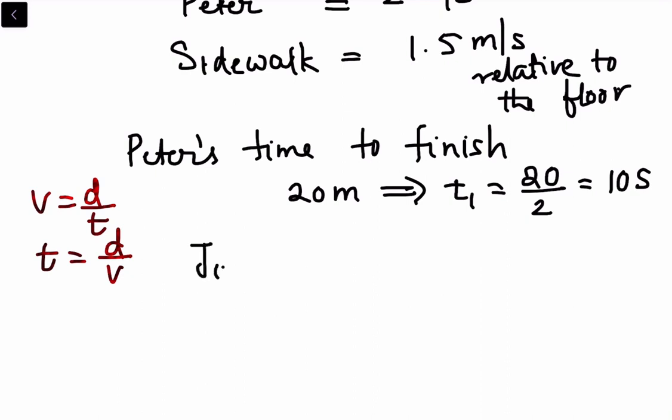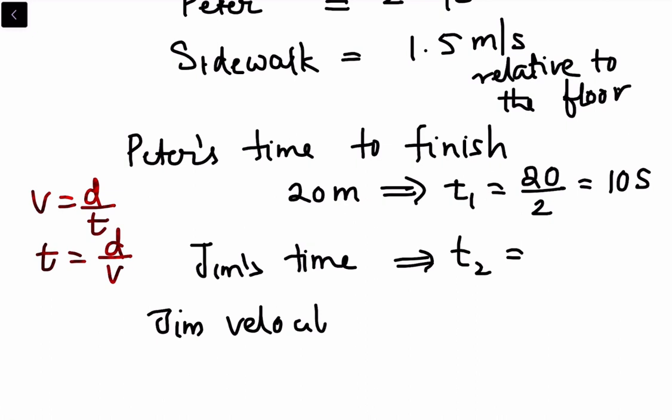Therefore, to calculate Jim's time to go, because it is relative velocity with respect to the sidewalk, we have to take the velocity of Jim as 2 plus 1.5, because he is moving along the sidewalk, and the sidewalk is also moving with 1.5 meters per second.